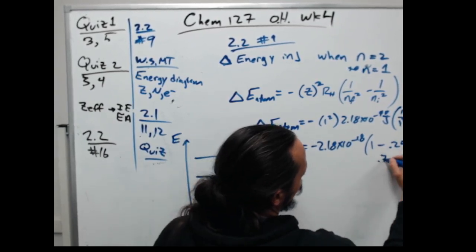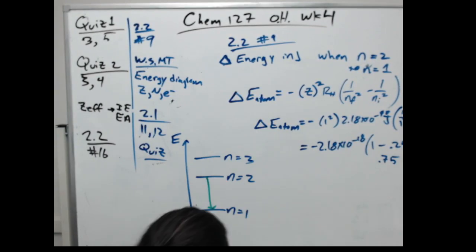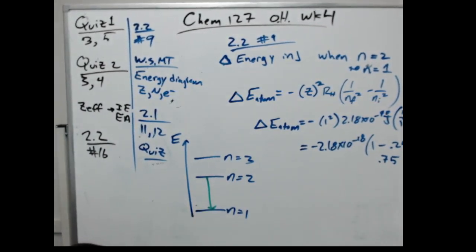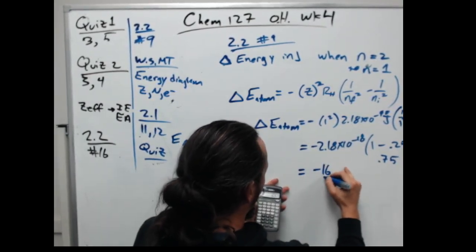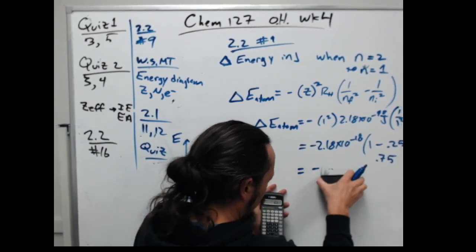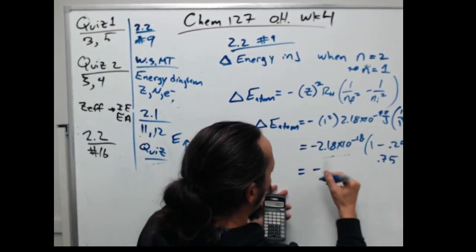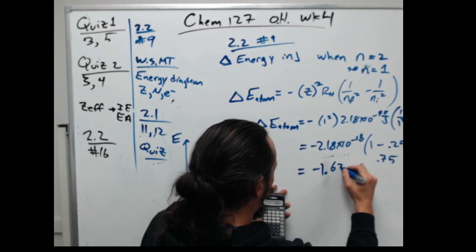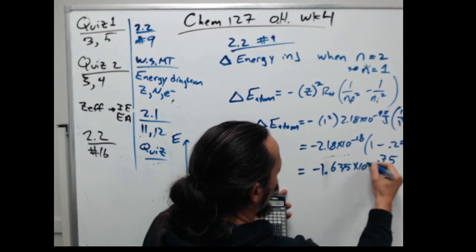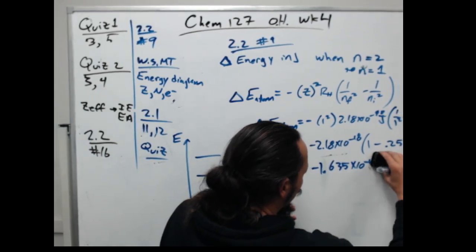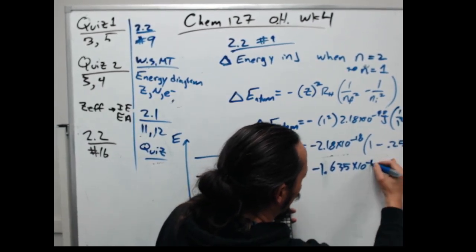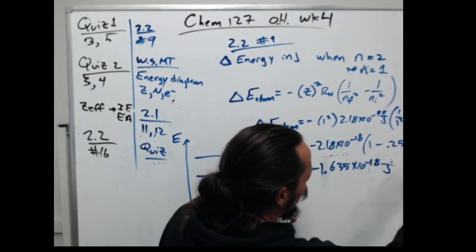That's going to be 0.75. So I'm going to have 2.18 times 10 to the minus 18 times 0.75, and I'm going to get a value of -1.635 times 10 to the minus 18. Ooh, my 18 looks weird again. Can't draw 18s with this pen for some reason. 18 joules.